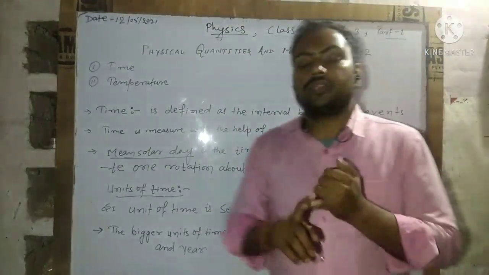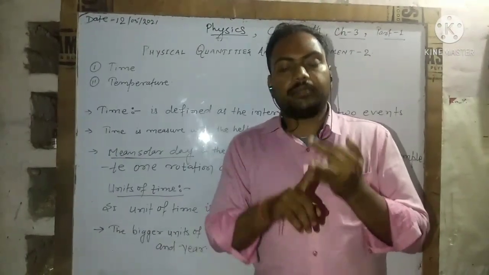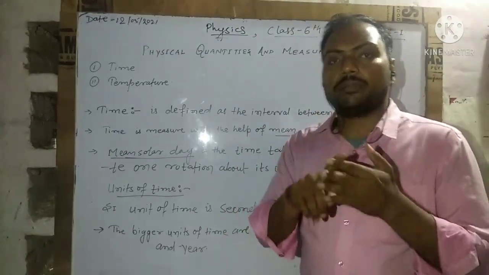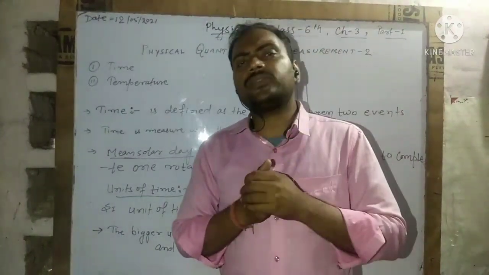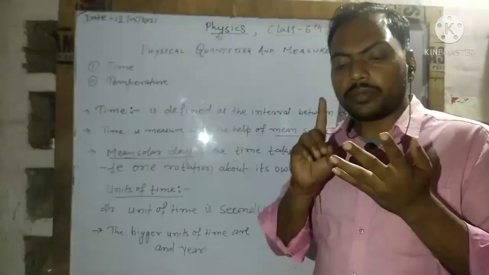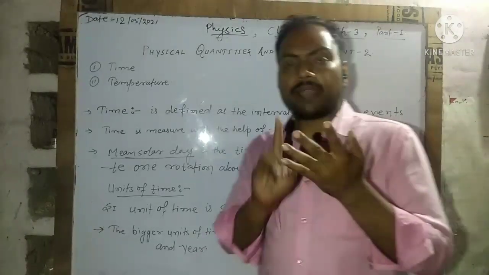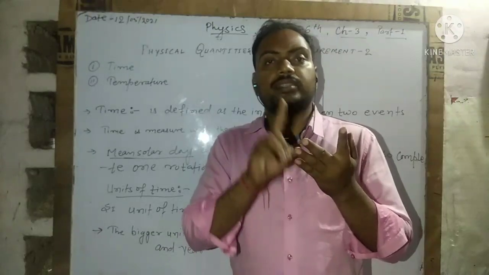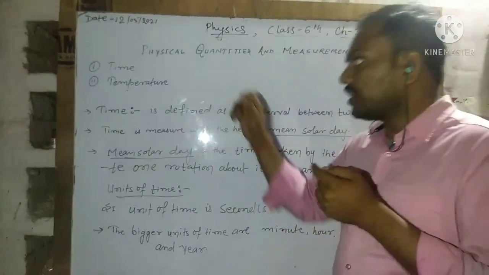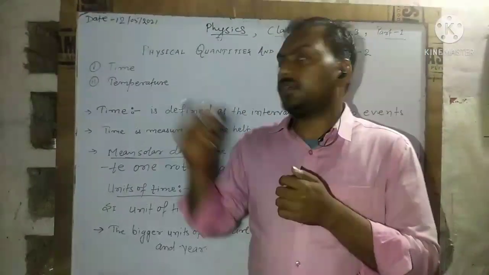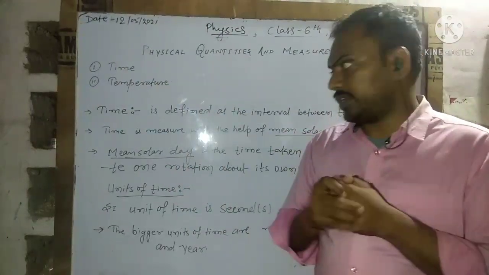For example, time, temperature, length, mass and area are all physical quantities. In the second chapter we covered length, mass and area. Now we are going to cover time and temperature.